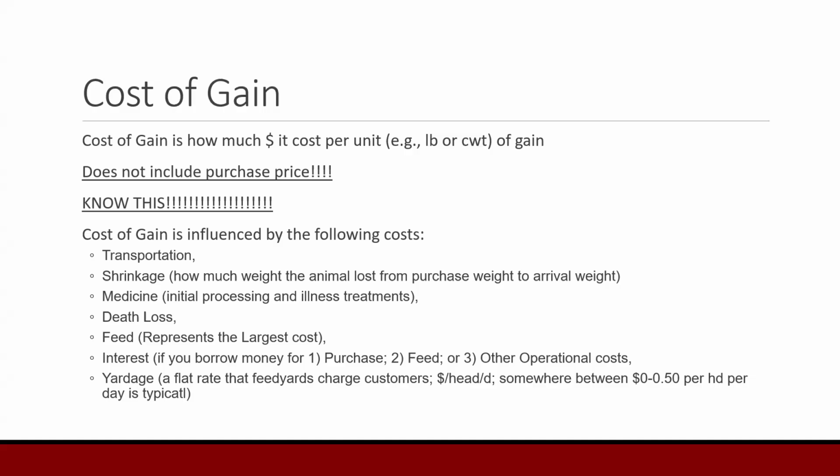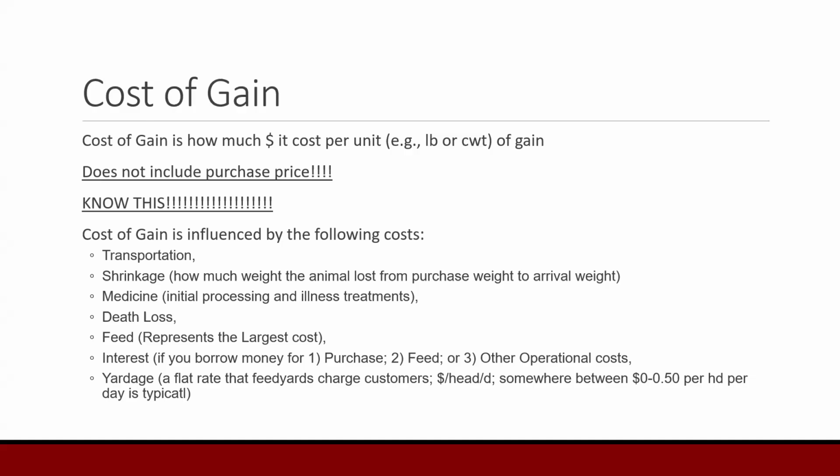Any questions? Okay. So cost of gain is influenced by these costs: transportation, the cost to get the animals from the sale barn, auction market to you; shrinkage, so your purchase weight, right, versus what that animal actually weighed when it arrived at the feed yard. If you have an animal on a truck for 16 hours that hasn't eaten or drunk water, it's going to lose weight, right?